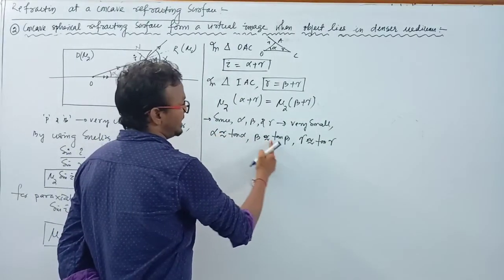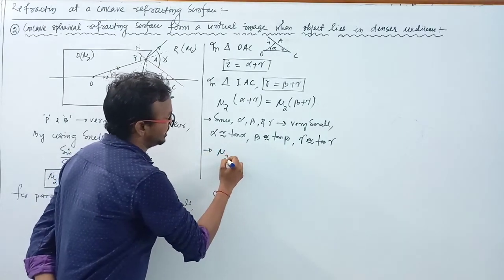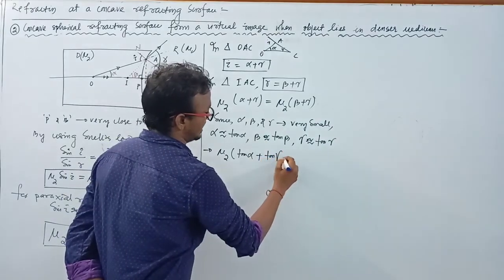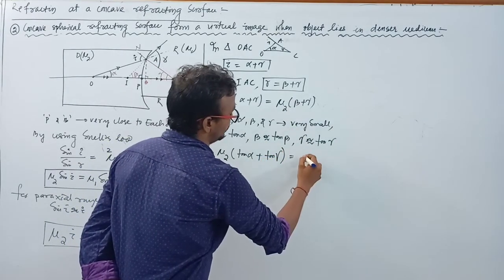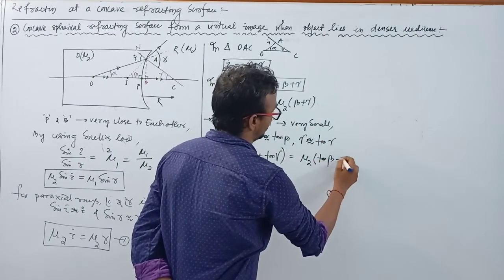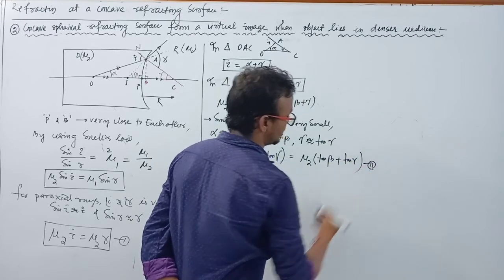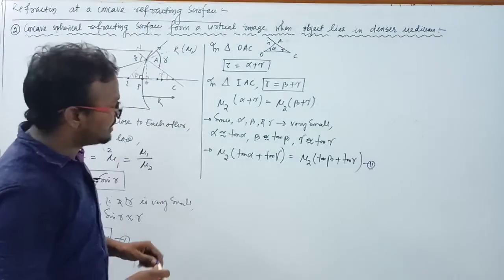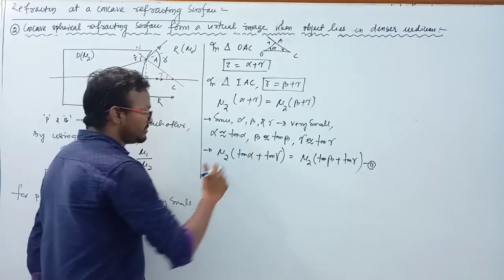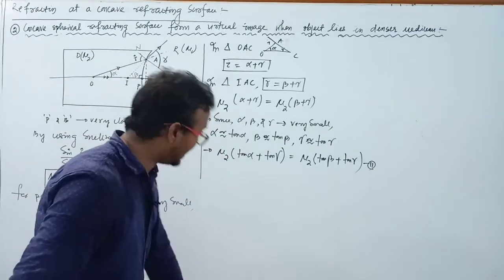Using these, the equation turns out to be mu1 into tan alpha plus tan gamma equal to mu2 into tan beta plus tan gamma. This is equation number 2. But we have to find the values of tan alpha, tan beta and tan gamma.